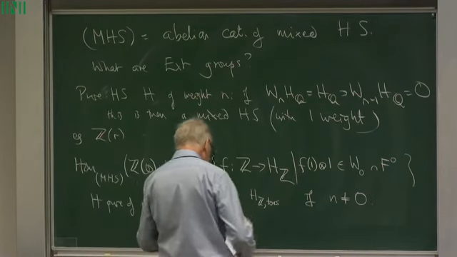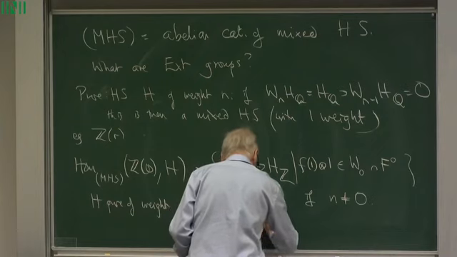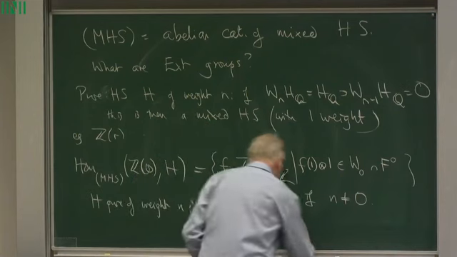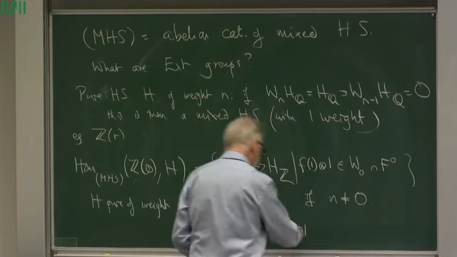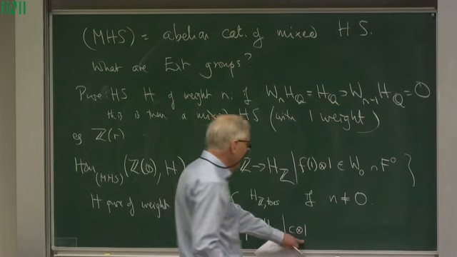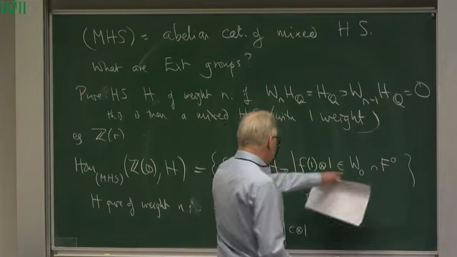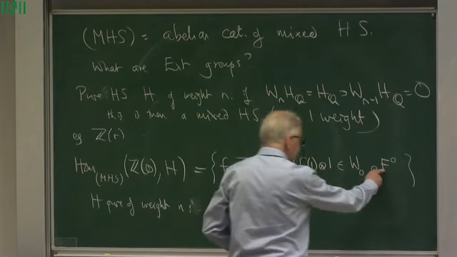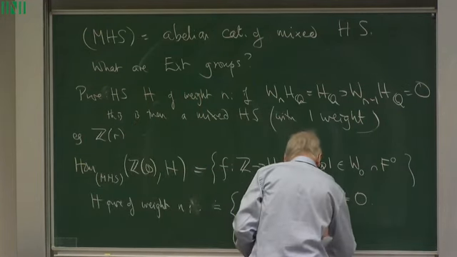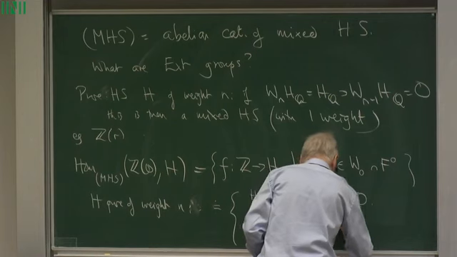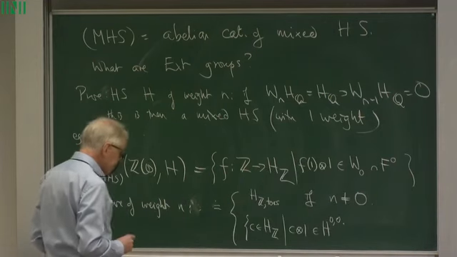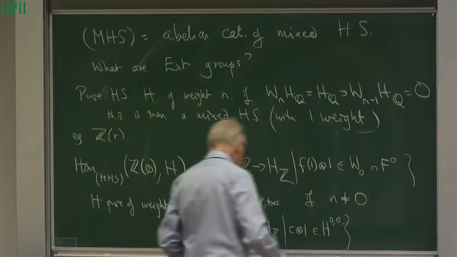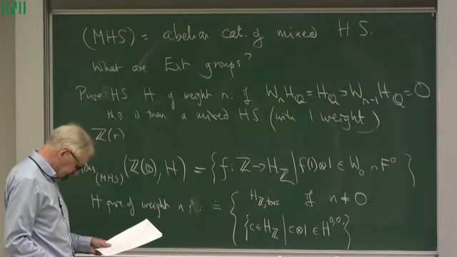And if n is 0, it's just the set of elements of H_Z such that the image in H_C, tensored with 1, is in what's automatically going to be in W_0 because n is 0. It's going to be in F^0, so it's also going to be in F^0 bar, so that means it's in H^{0,0}. So this is just the (0,0) integral classes, if you like.